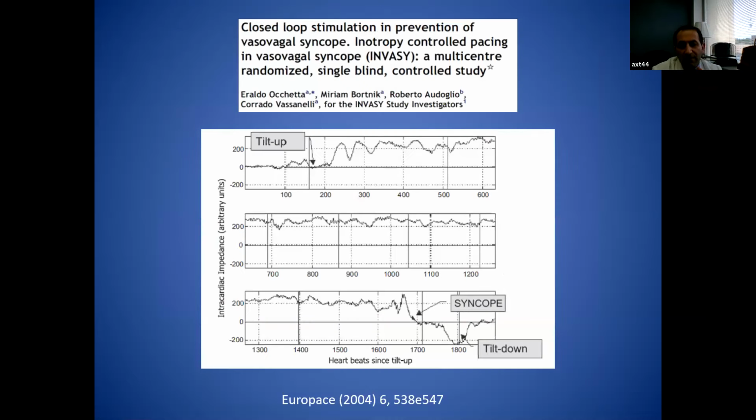If you're gonna give somebody a pacemaker, and I'll go into more details, the pacemaker of choice is a dual chamber device with closed loop stimulation, which is a very specific algorithm. It senses a drop in the impedance right before syncope is about to happen, and it actually kicks in and paces a little bit faster in order to prevent the event.